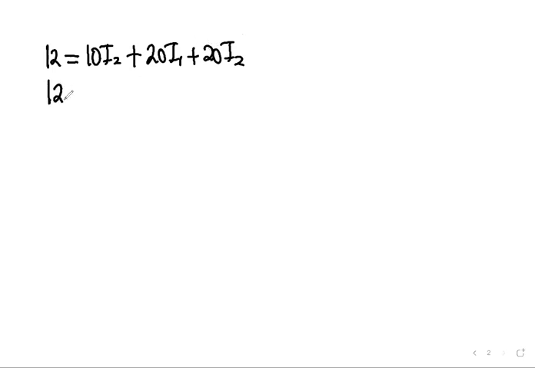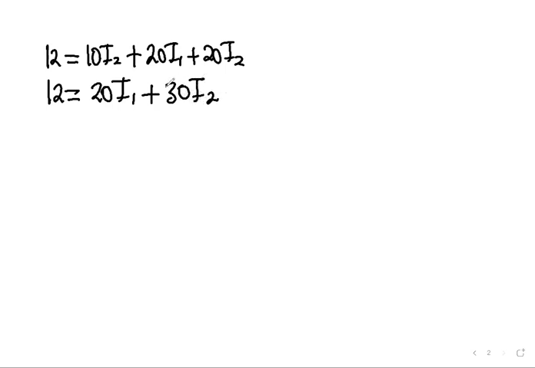So we're going to say 12 equals, now when you arrive here, you pair like terms together. Like terms are terms which look alike. So we're going to pair this and that one because they carry I2. But before that, we're going to write 20I1, just like that, plus, and when you add 10I2 together with 20I2, it will be plus 30I2.